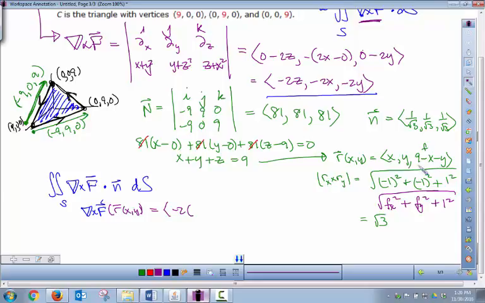What's z equal to? Z is equal to this. Comma minus 2x, and x is just equal to x. Comma minus 2y, and y is just equal to y. And then we're going to dot that with the normal vector.